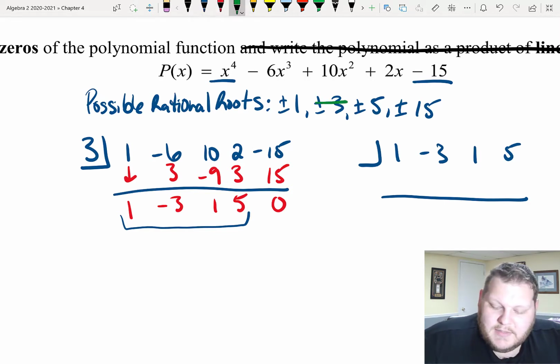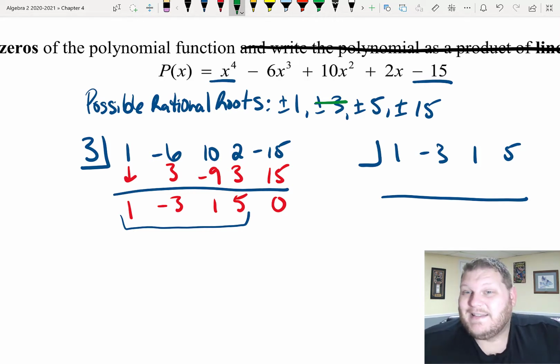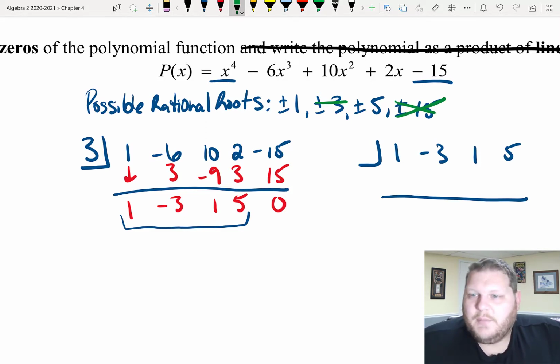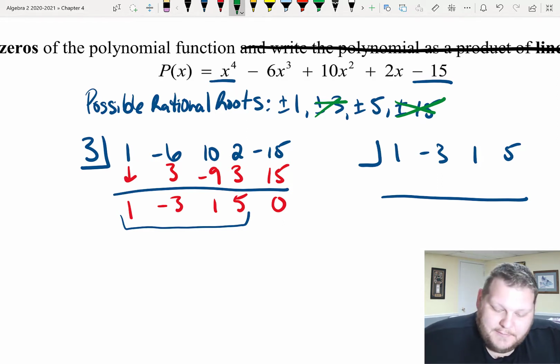Looking at this, the constant of this new polynomial is 5, which means I've eliminated 15 from my list as well. Positive and negative 5 are still options, and negative 3 is not an option either, because it's not a factor of 5. So it could be negative 1, positive 1, negative 5, or positive 5.